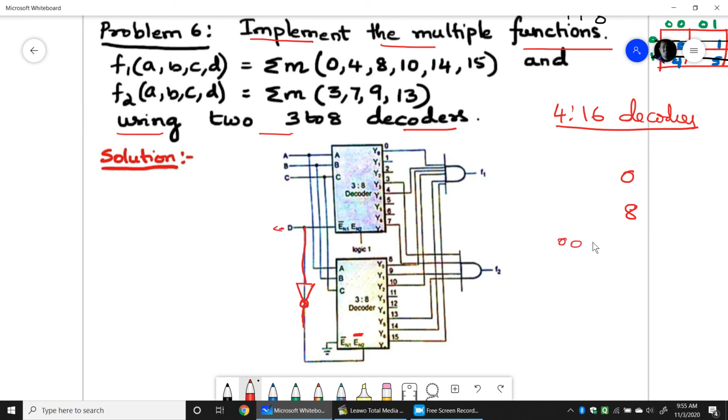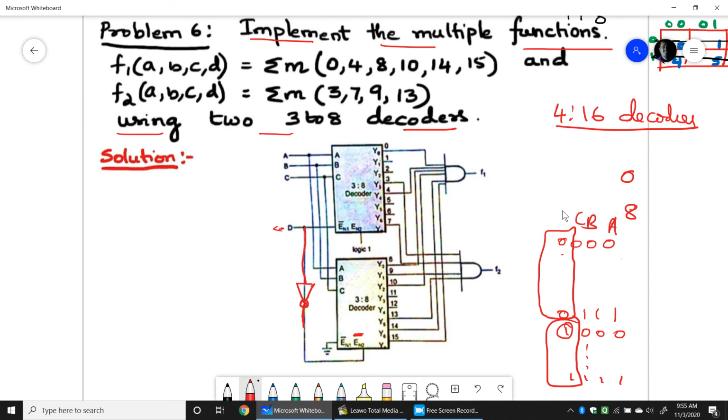I think you all know 4-bit means it starts from 0 0 0 0 and till 7 it goes like this, and from 8 this bit becomes 1 till 1 1 1 1. So for these 8 values it is 0, for these 8 values it is 1. So this is A, this is B, this is D. D can be considered as the enable pin, and the D input can be designed using these enable pins.